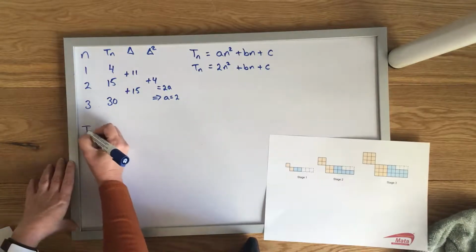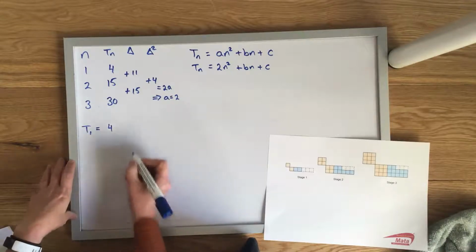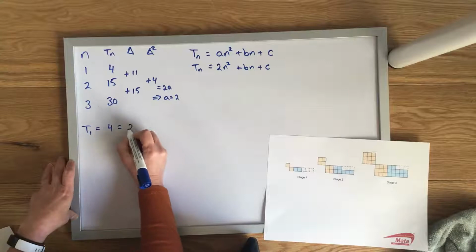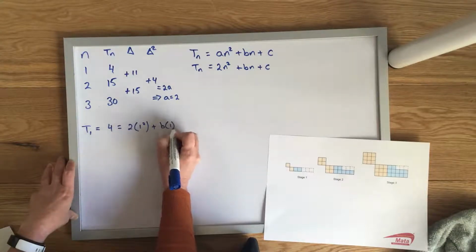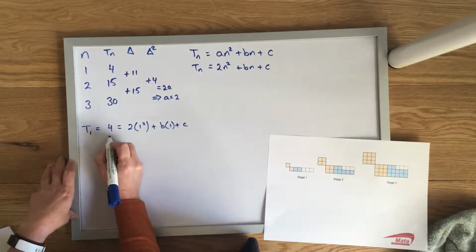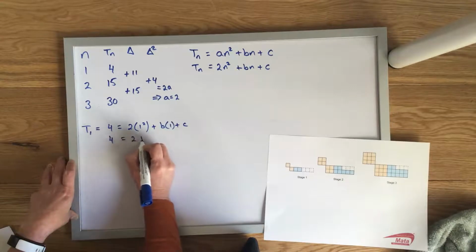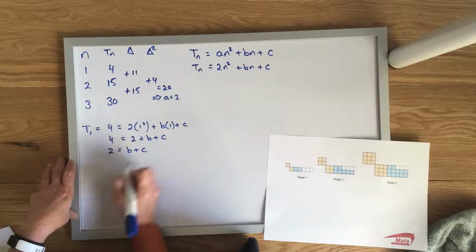If we look to our first term, term 1 is 4, and 4 is going to equal 2 times 1 squared plus b times 1 plus c, substituting in 1 into our general formula. So 4 is 2 plus b plus c, or 2 is b plus c.